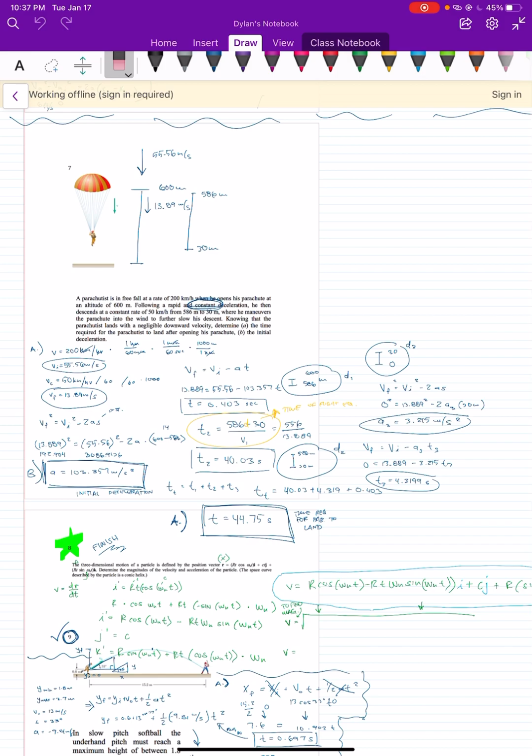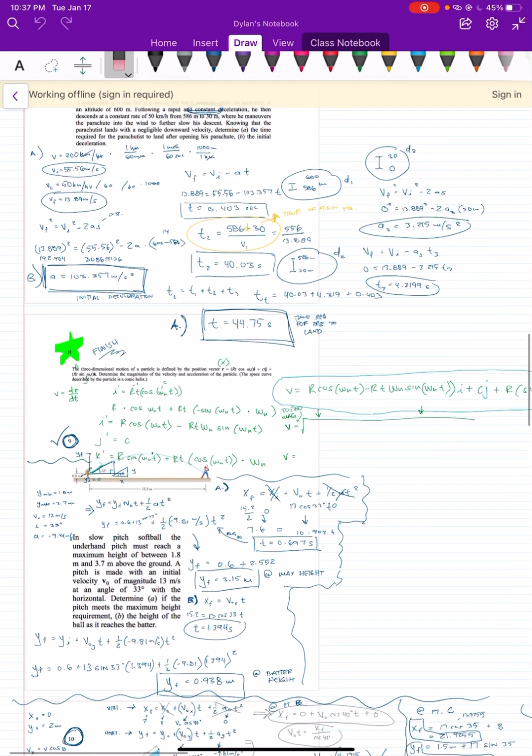Once I found my t values, I plugged that back into the other kinematic equation with constant acceleration. That was the key, finding the equations with constant acceleration, and I was able to find the acceleration at each point of his free fall.